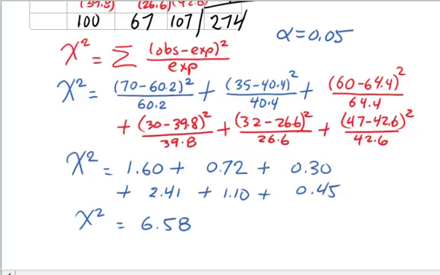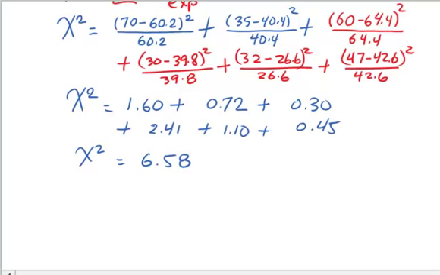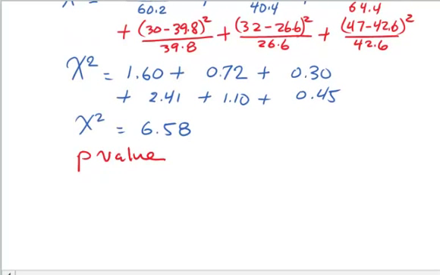Now that we have the chi-square calculated value, we have to determine the p-value for such a statistic as we do in other hypothesis tests. To do this, we need to go to the chi-square table in your textbook, and we can then draw the actual chi-square curve and show various values based on degrees of freedom.